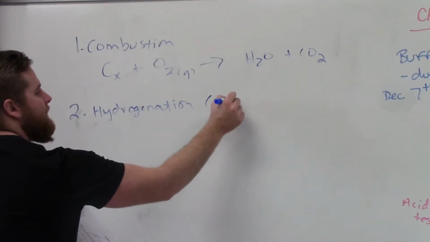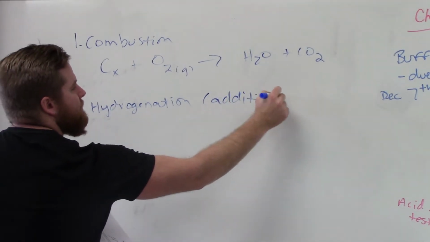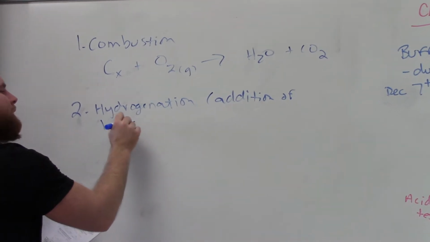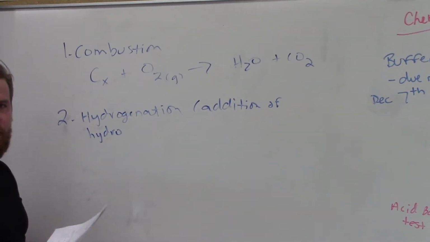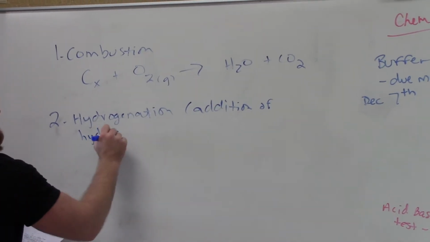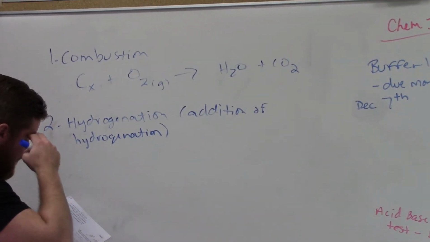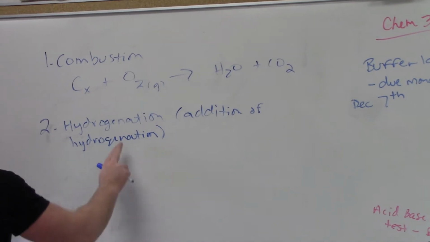Hydrogenation is another reaction. I'm just introducing these in the lesson today. We're going to go through them in more detail as we get into different types of polymerization. So this is hydrogenation, the addition of hydrogen.